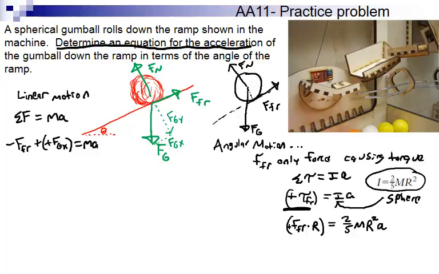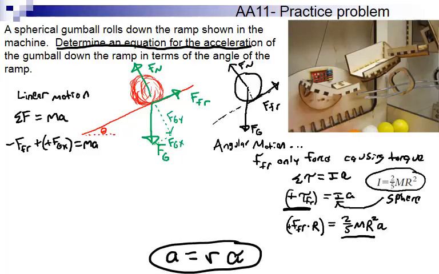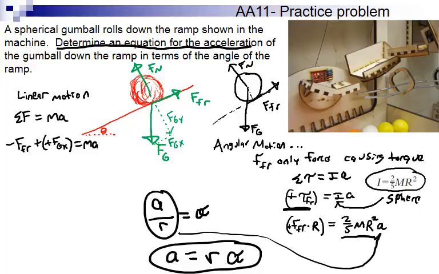And so we can place our moment of inertia in here. And now we know alpha is angular acceleration. And so linear acceleration, a, is r alpha, right? And so what we can do is rearrange this so that we have linear acceleration over r equals alpha, and this will come in for alpha.